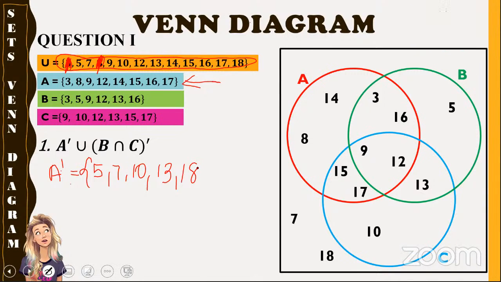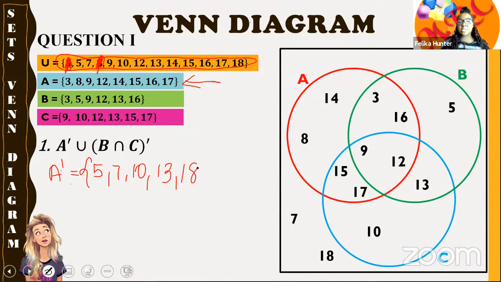So 5 is not there. 7, 10, and then 12, 13, and then 14, 15 is out, 16 is out, 17 is out, 18. All right, good. Thank you, Johnny. Well done, darling.